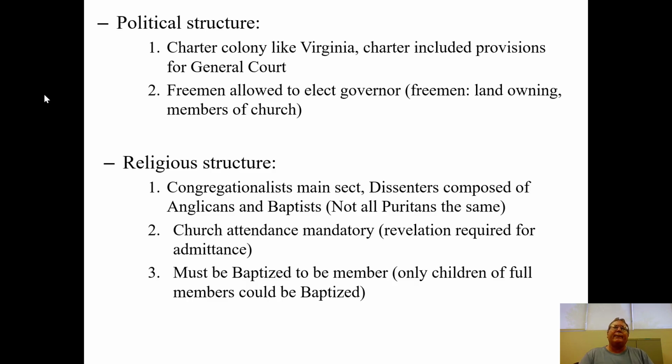Because keep this in mind. Let's say you're somebody back home in England that's not a Puritan. You're just one of the many other Protestants out there in England. You want to go over to the New World to get some of this cheap land that seems to be available over there. After all, these Puritans are selling some of this land to people that aren't Puritans as a way to raise money to buy things that they need.